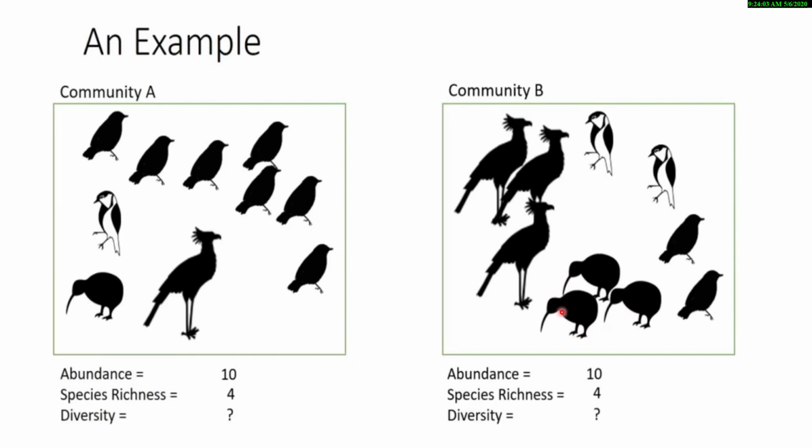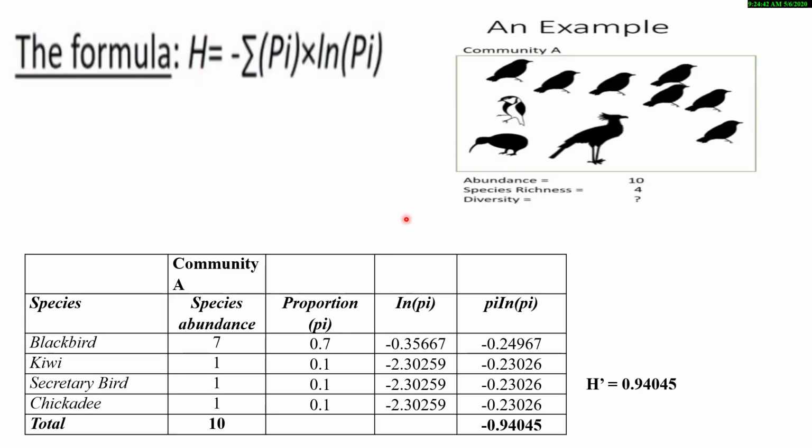The whole of this belongs to one species, so 4. So the number of species in community B is 4. Community A and B have the same abundance and the same number of species. Let's see how we can compute the diversity of species between community A and B.